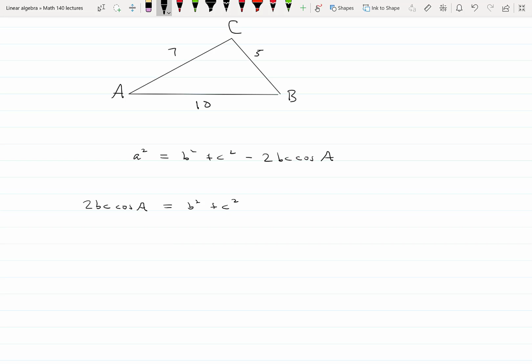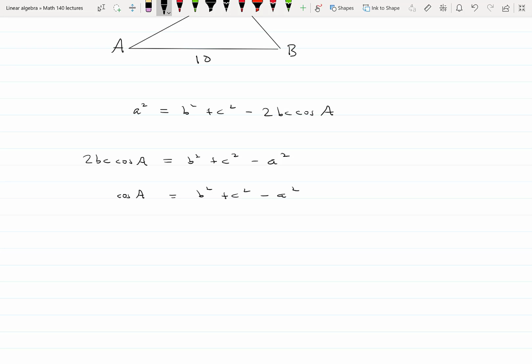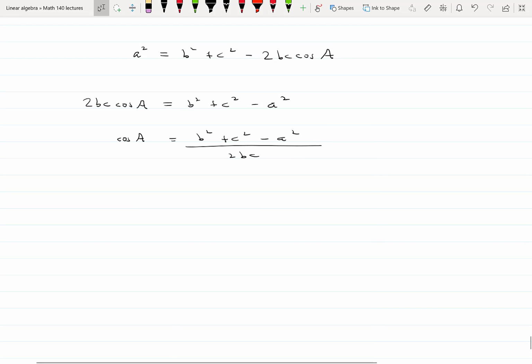So I just start out with the law of cosines and solve for whatever angle I need. So just as before, the cosine of A equals b squared plus c squared minus a squared over 2bc. Nobody's ever died as far as I can tell from doing too much algebra. Don't quote me on that.